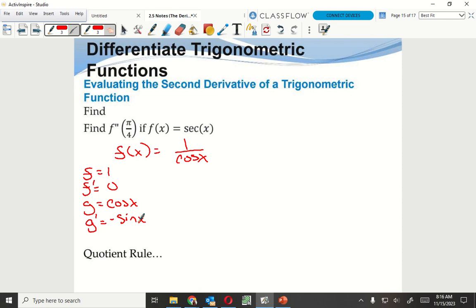So it's f prime times g, which is cosine x, minus g prime, negative sine x, times f, which is 1, all over g squared, which is going to be cosine squared x.